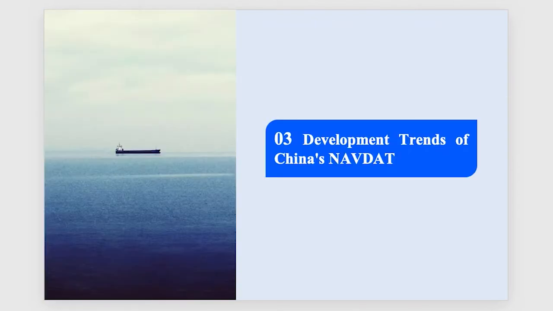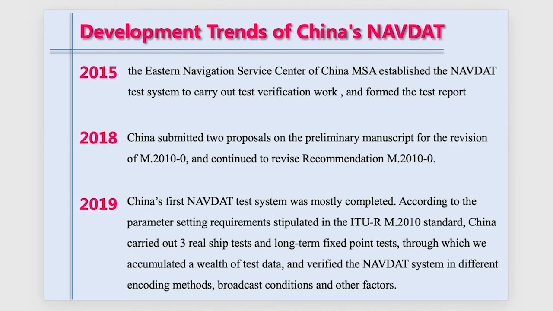Development trends of China's NAVDAT. China puts the application of the NAVDAT system in dissemination of China's maritime safety information at a higher priority. In 2015, the Eastern Navigation Service Center of China MSA established the NAVDAT test system to carry out test verification.